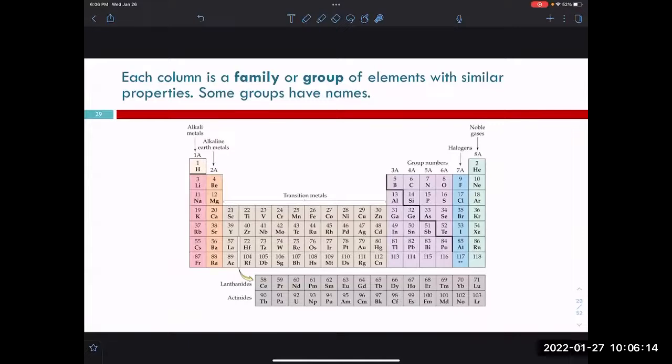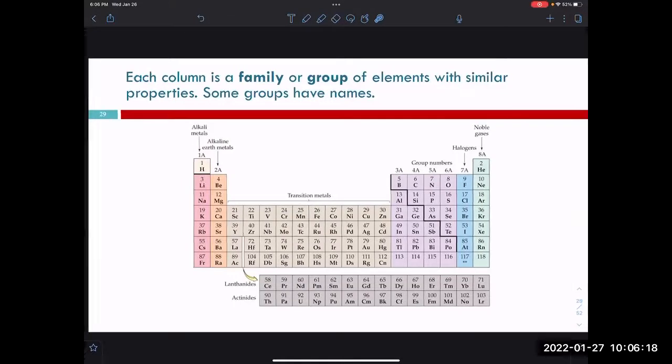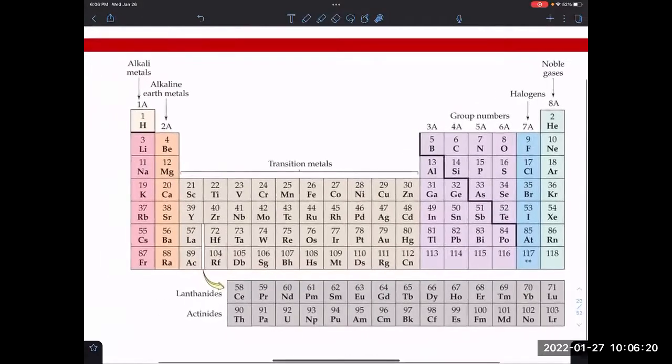We also have some special names for some of these groups. On the left, we have the alkali metals and the alkaline earth metals. Then this entire block inside of here are the transition metals. These guys don't have names. Then the halogens and the noble gases. And as a bonus, 6A are also the chalcogens.